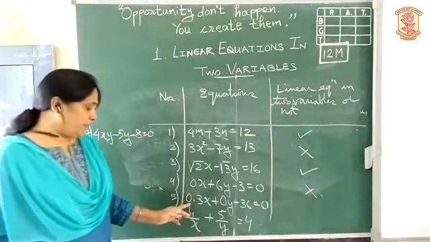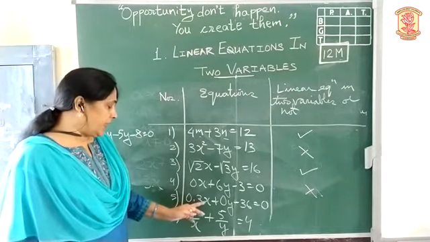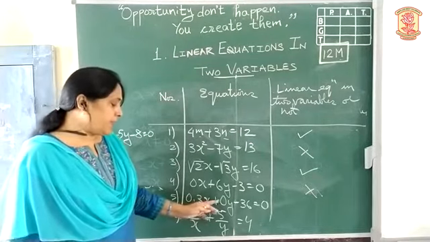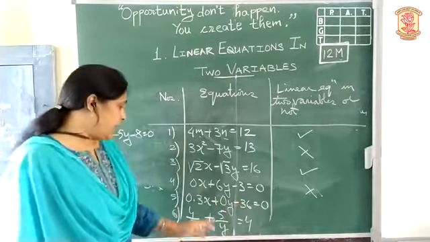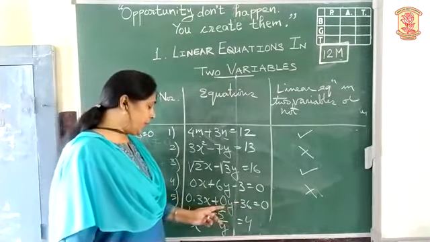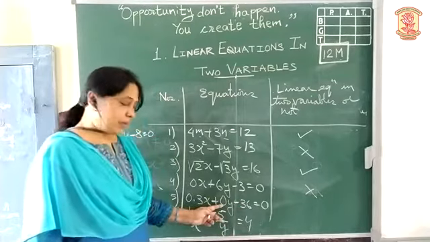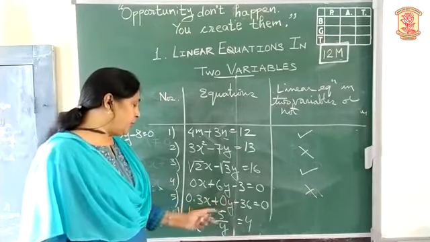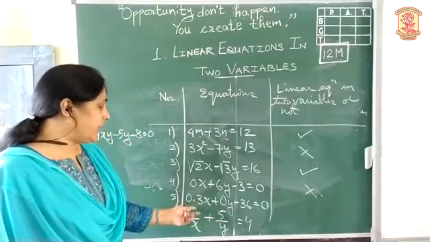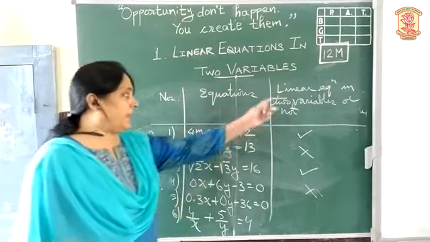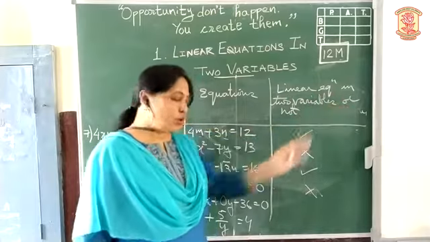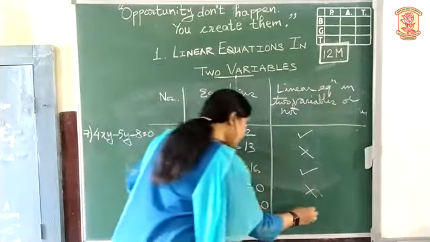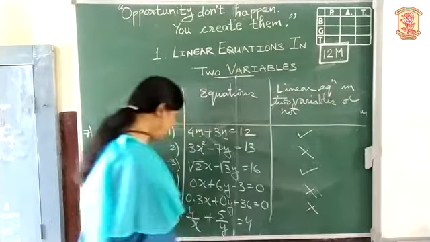Again the fifth one, 0.3x plus 0y minus 36 equals to 0. Again, the coefficient of the variable y is 0. That means this term will be removed and it will become a linear equation in one variable. As we have already seen, we are talking about linear equations in two variables. So this is not a linear equation in two variables.